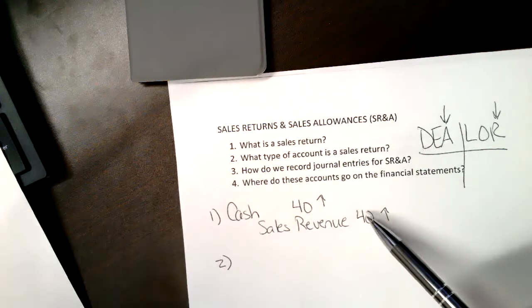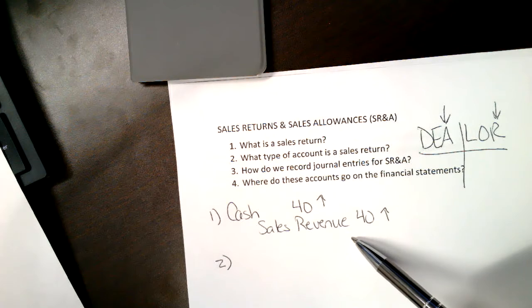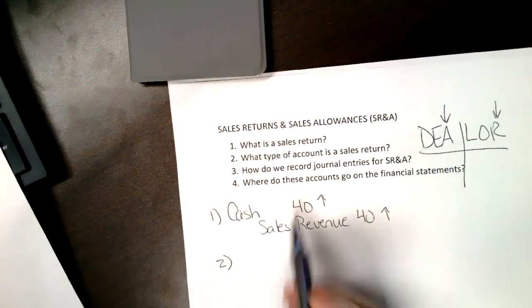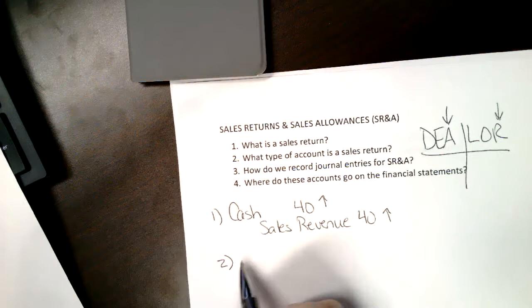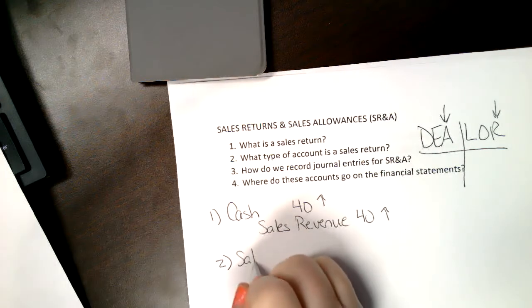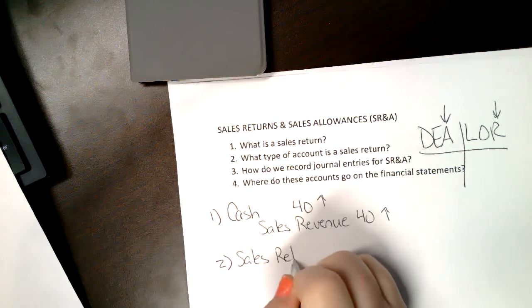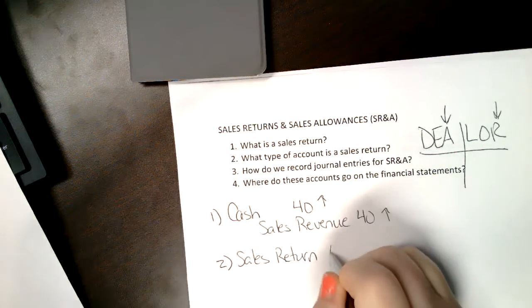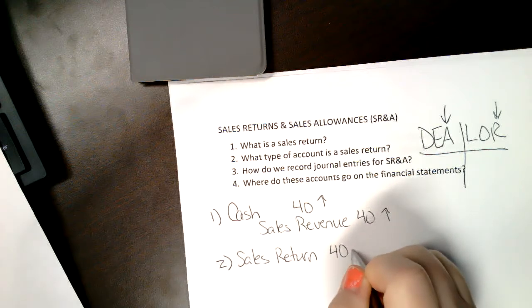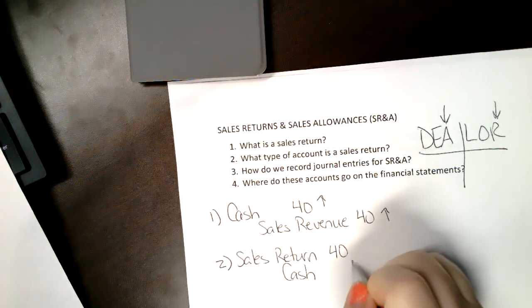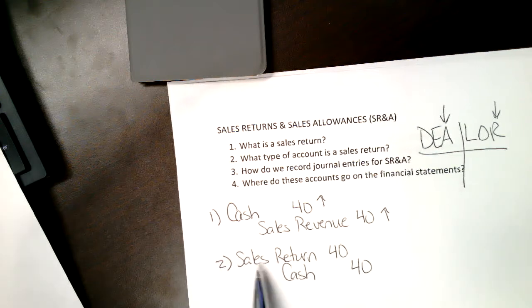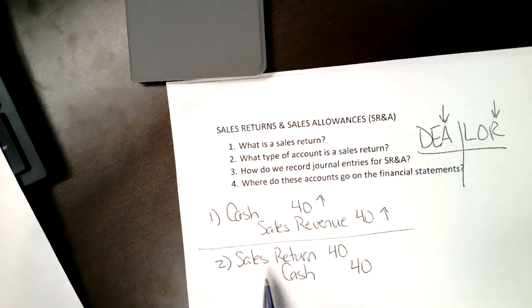Like we said, well, you know Target's revenue needs to go back down, but instead of directly debiting the sales revenue account, we do so through this account called a sales return. So I'm going to write the entry, and then we'll talk about it. And suppose Target refunded your cash back. So this would be the entry that Target would make.